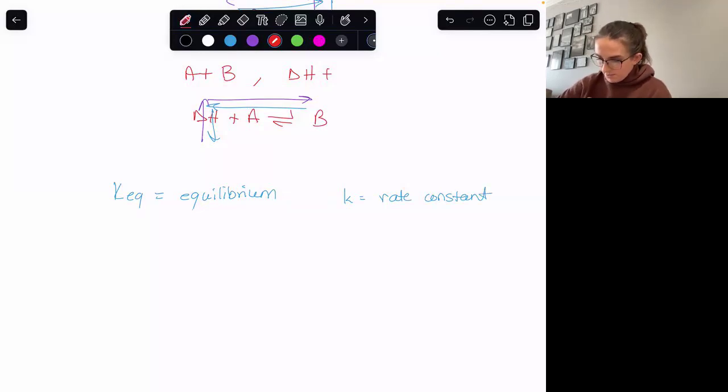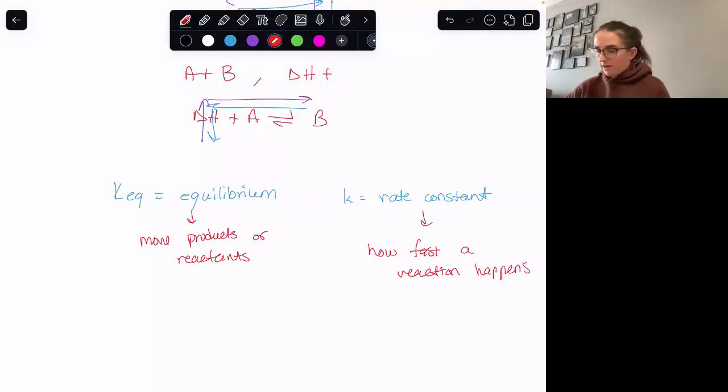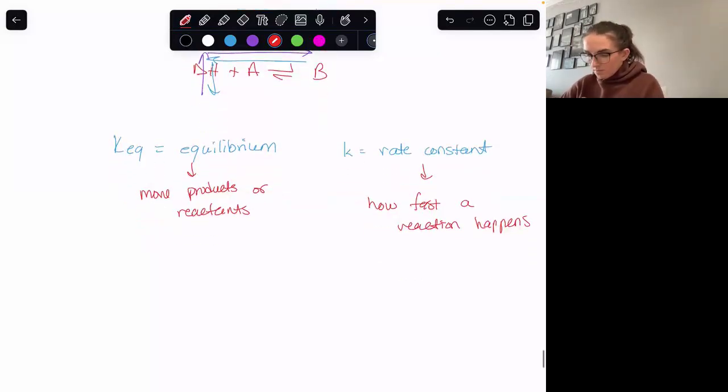So this is more products or reactants, and this is how fast a reaction happens. Okay, so they're different, right? Very different. As temp increases, little k increases here, right? Direct relationship.